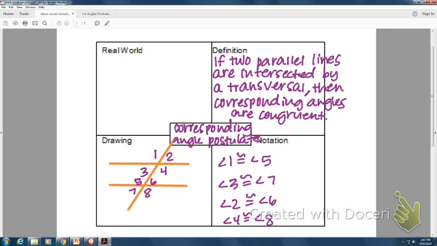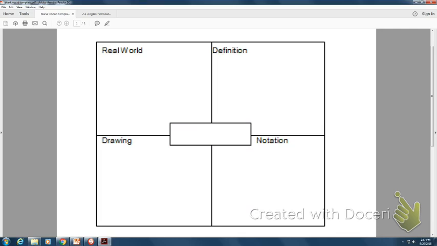Okay, the next one is what we call a conjecture. A conjecture is a hypothesis that something is true.